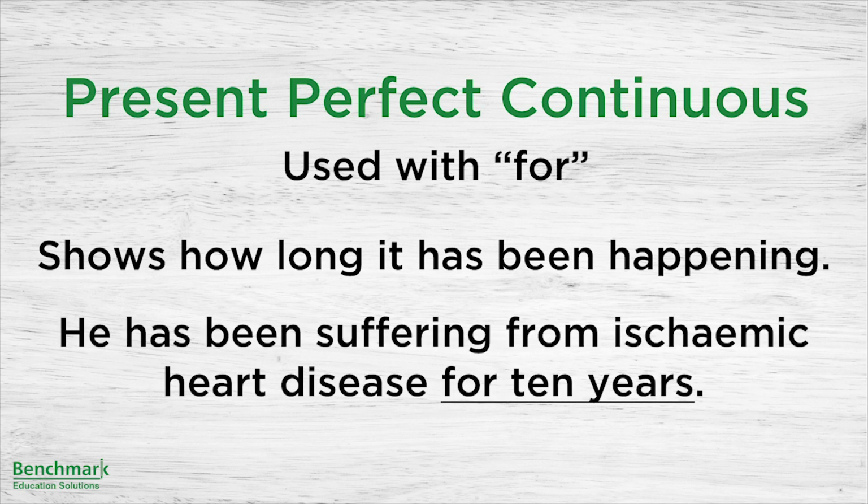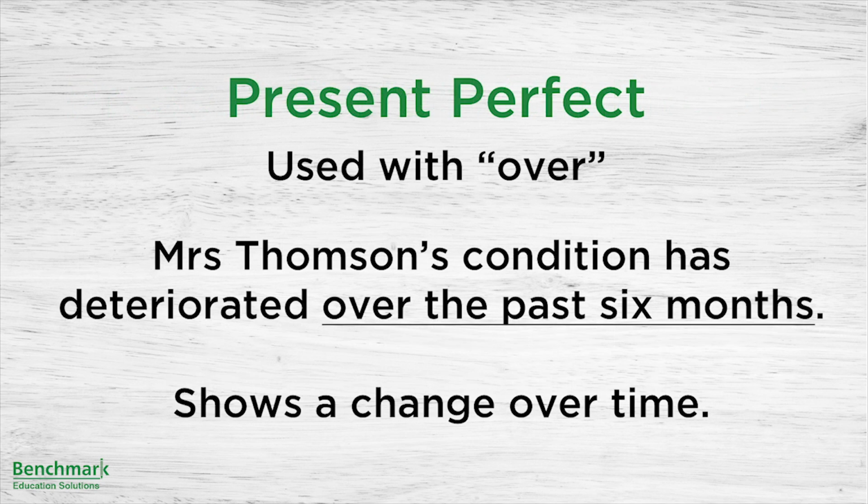He has been suffering from ischemic heart disease for 10 years. You can also use the present perfect tense with the word over to show a change in condition over time. Mrs. Thompson's condition has deteriorated over the past 6 months.